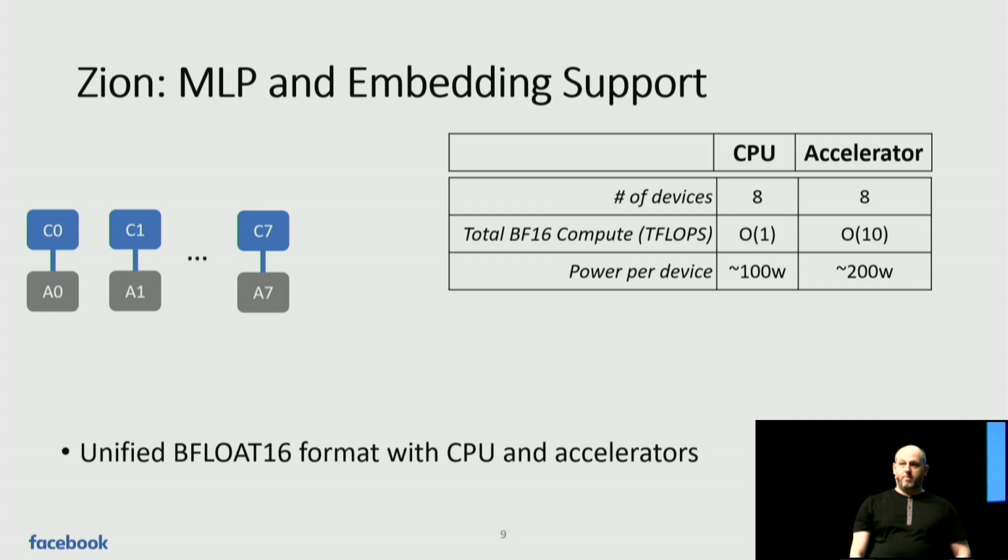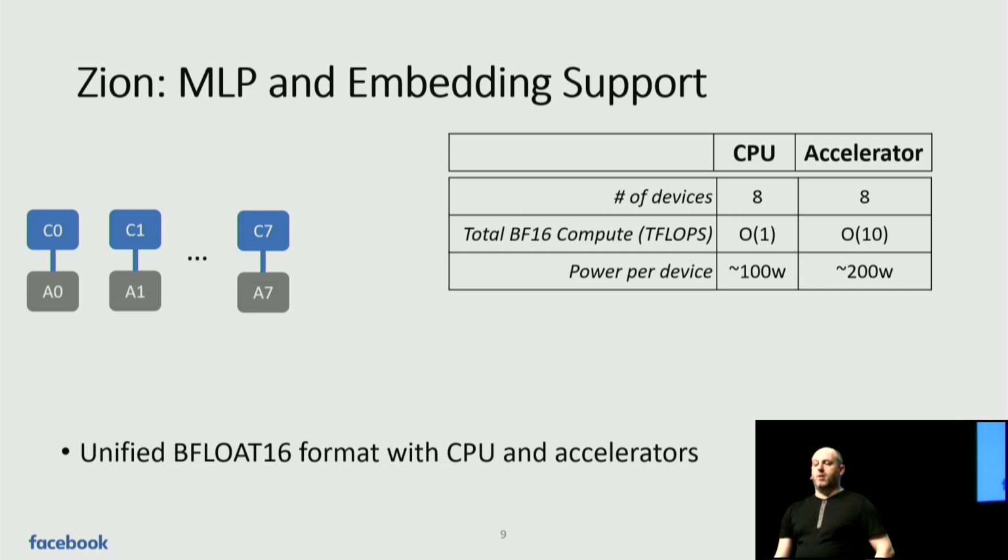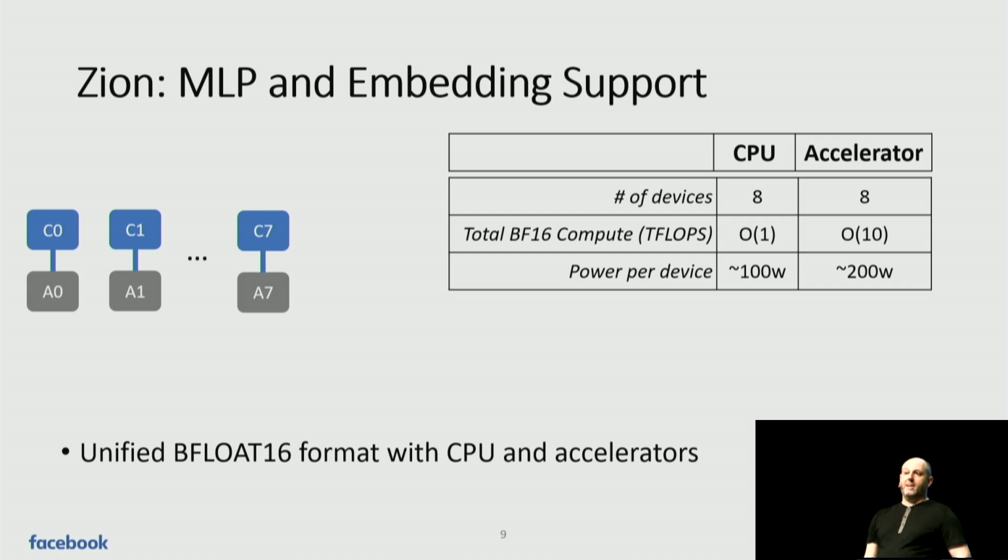So Zion, at its basis, is an 8-socket system where you have an accelerator connected to each of the CPU sockets over PCIe lanes. In our design, we expect that both CPU and accelerator support bfloat16, as was discussed yesterday by Google and also validated by our internal simulations.